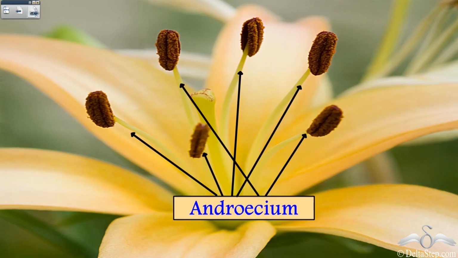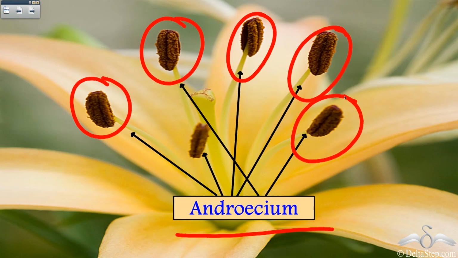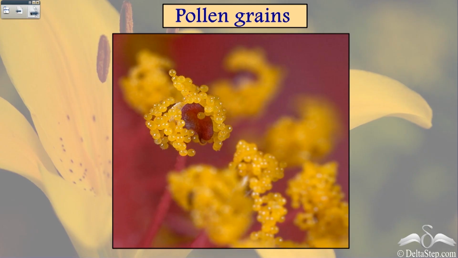So, here we see the androecium. So, all of these stamens together has formed the male reproductive part of a flower, which is known as androecium. Now, if you know over here, the anther, which is the head of the stamen, produces these small yellow tiny structures.